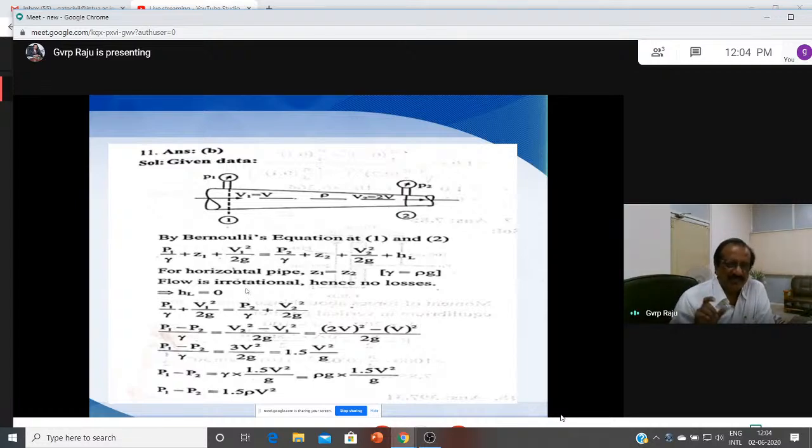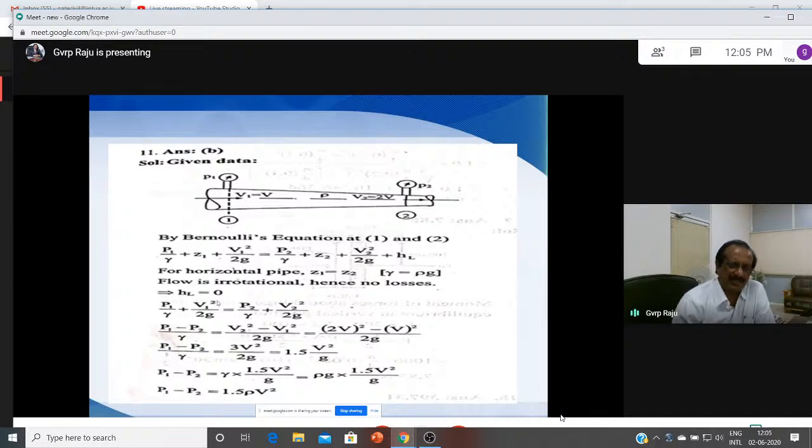For a real fluid, as you know, P1 by W plus V1 square by 2G plus Z1 is equal to P2 by W plus V2 square by 2G plus Z2 plus HL. HL is 0 because there are no losses. So for the horizontal pipe the datum heads are equal, Z1 is equal to Z2, and gamma is equal to rho G.